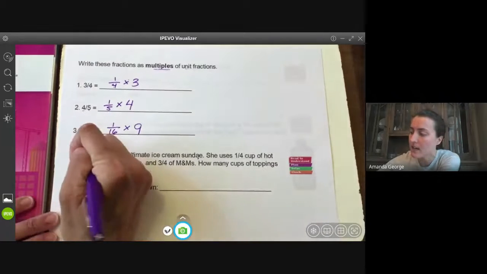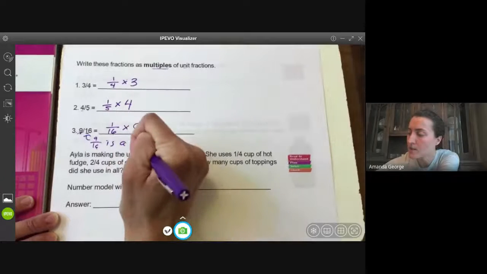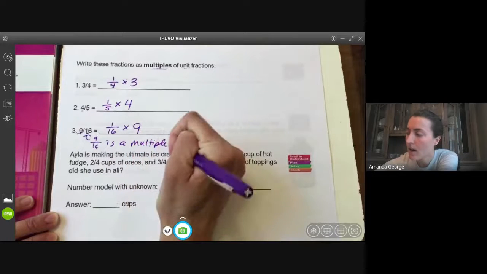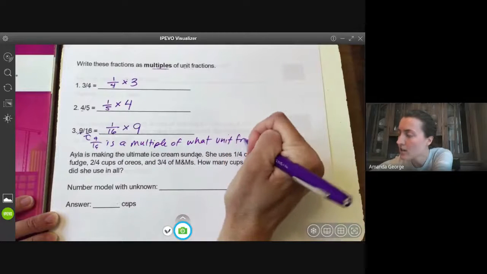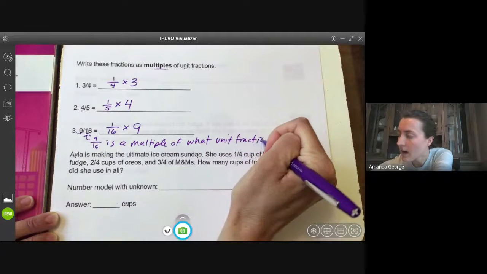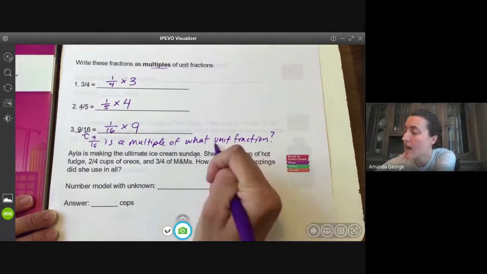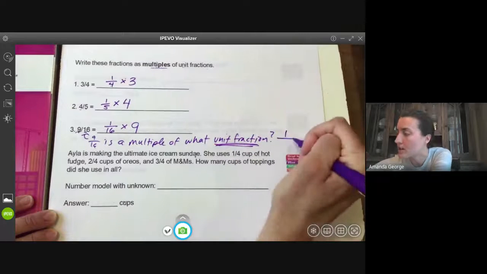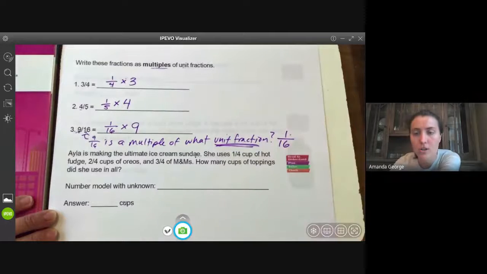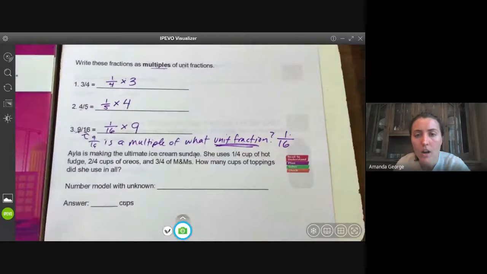So if I said 9/16 is a multiple of what unit fraction, now, as always, I have to RTQ, and this time the question's asking me for a unit fraction, so my answer is just going to be that unit fraction. Good, exactly, Delina. Okay, questions about writing fractions as multiples of a unit fraction.